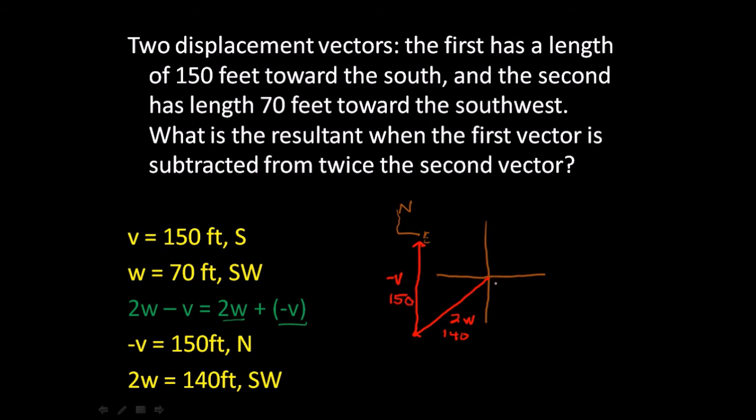To draw the resultant, we go from where we started to where we finished. And so we'll start here at the origin, go out here in this direction, draw our arrowhead, and there is vector 2w minus v.